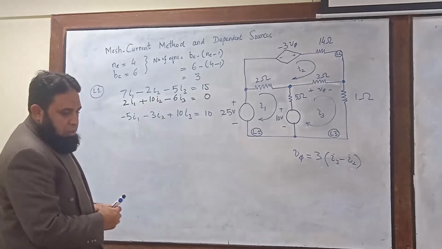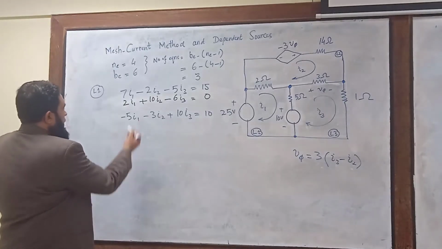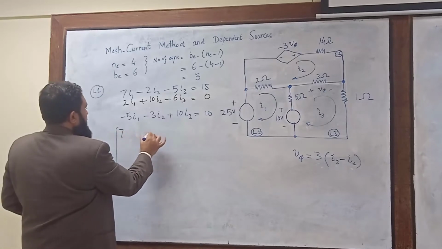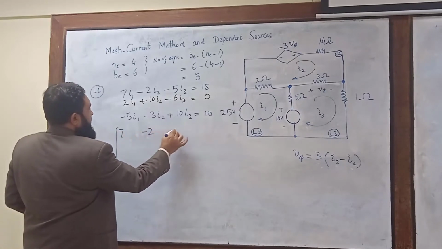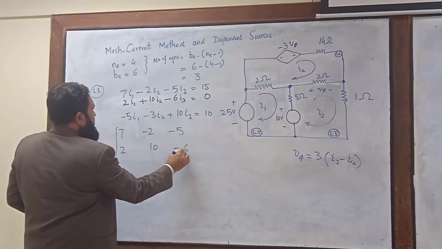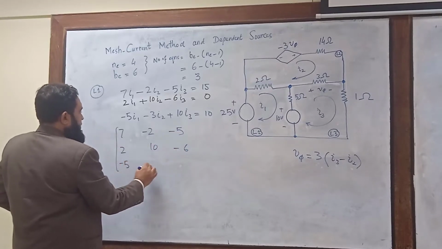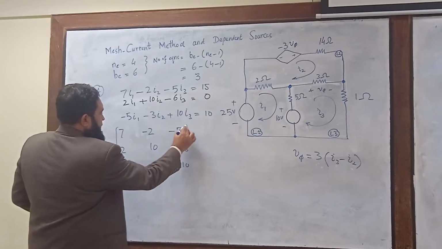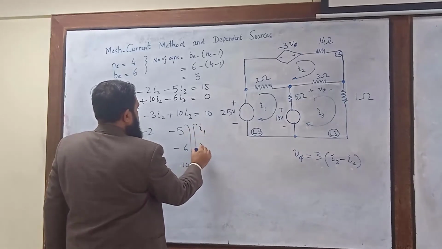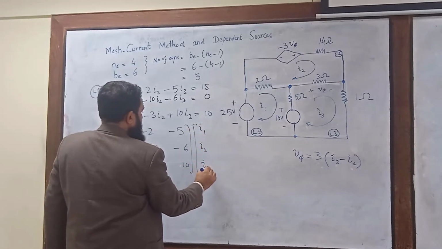Transposing this into matrix form: 7, minus 2, minus 5; 2, 10, minus 6; minus 5, minus 3, 10; times I1, I2, I3.